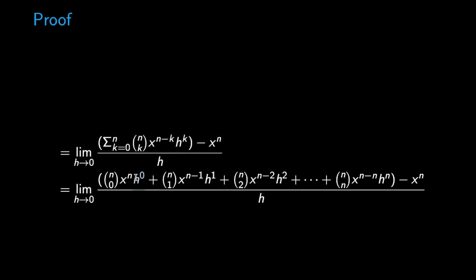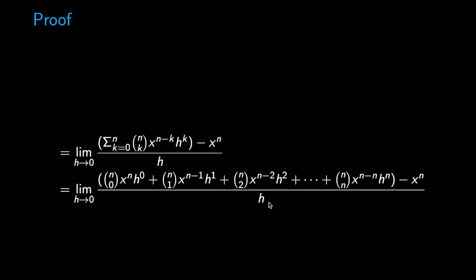And for the next iteration of the summation, we get n choose 1 times x raised to n minus 1 times h raised to 1, and so on, until we get to the last term, n choose n times x raised to n minus n times h raised to n. So all of these minus x raised to n, over h.